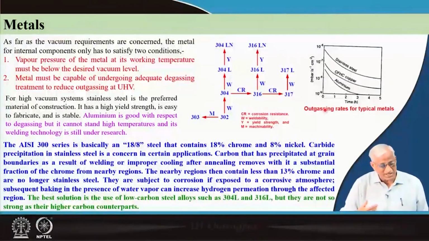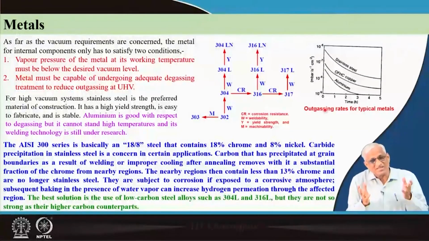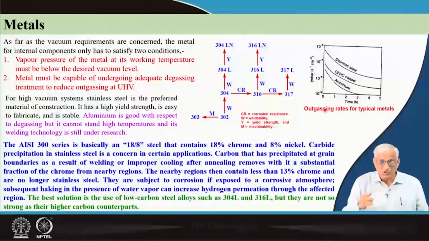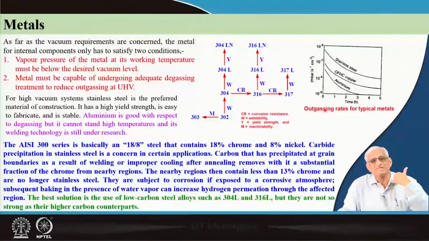Second property is, even if it has absorbed some gas when exposed to atmosphere, it should be possible for you to degas it easily once it is loaded inside. If there is a high level of degassing, then you will never get vacuum.